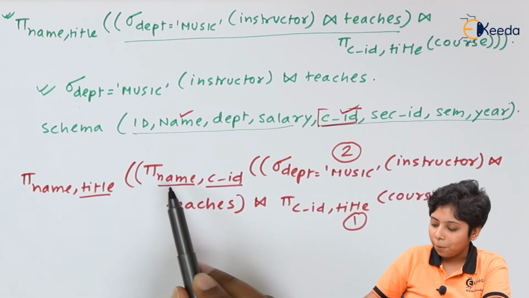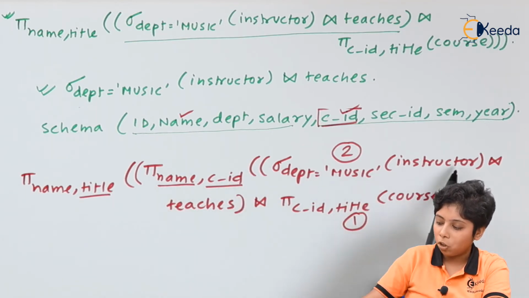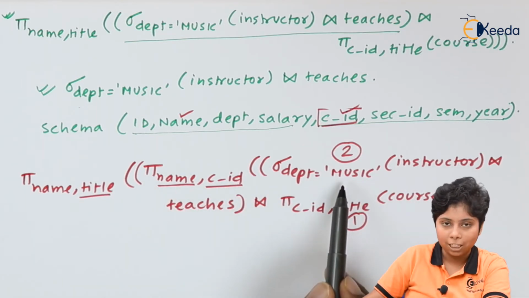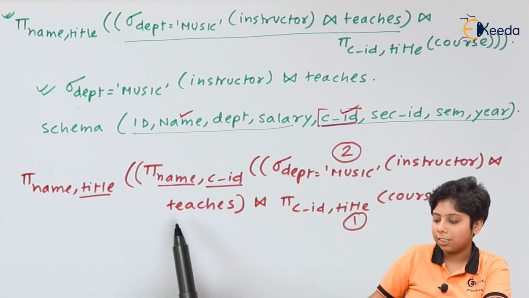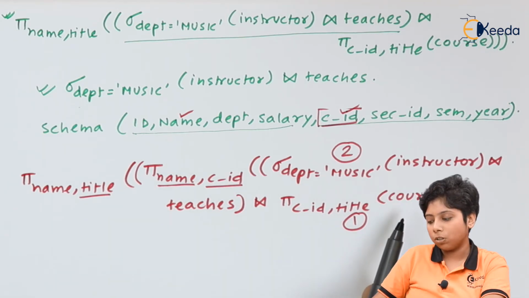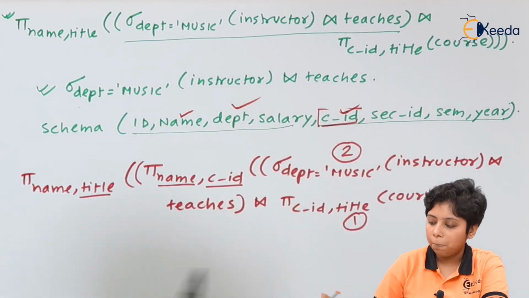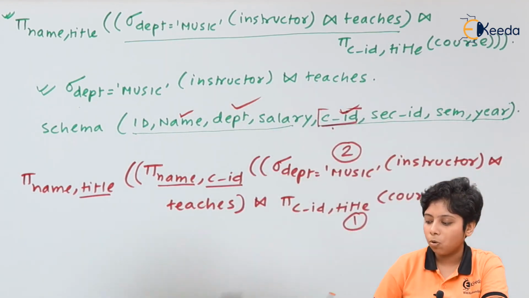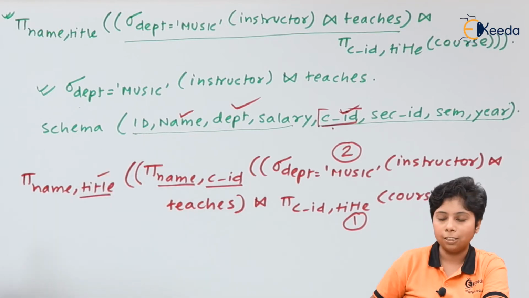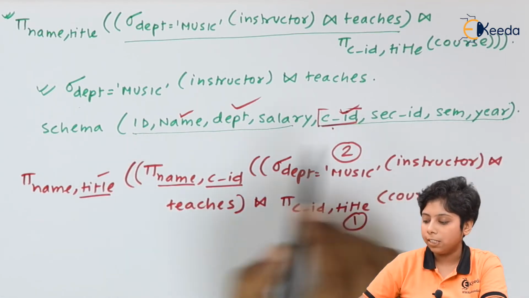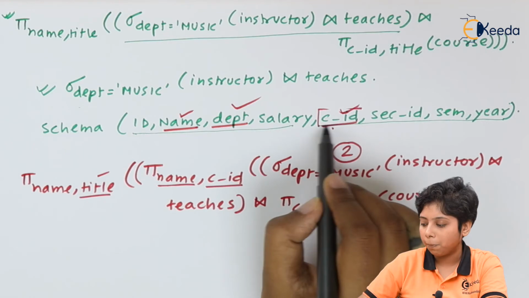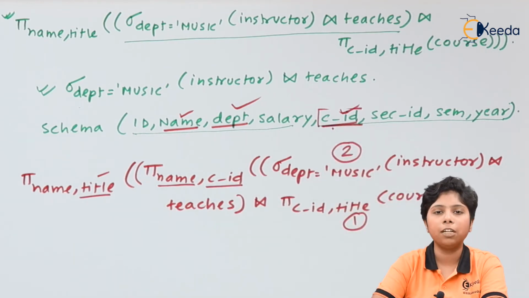So if we find the projection name, CID on the join on instructor based on the selection music with the teaches, and that joins with this course relation, then we will have the name, CID, department, and from this course ID we can fetch the title. So other than all this, we will have only name, department, and CID to have the minimal expression schema.